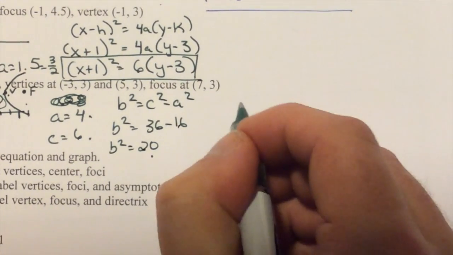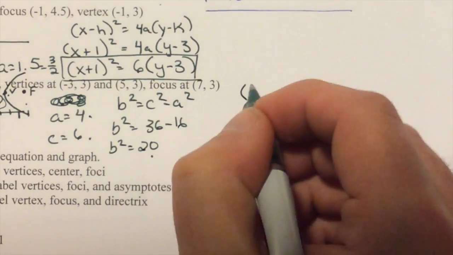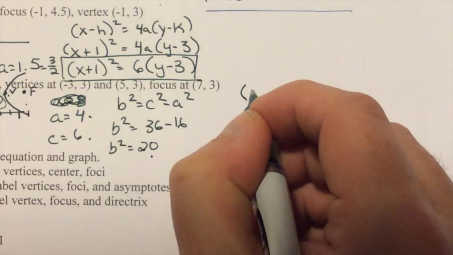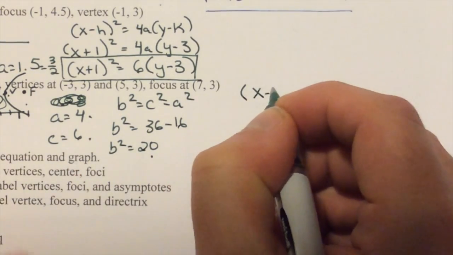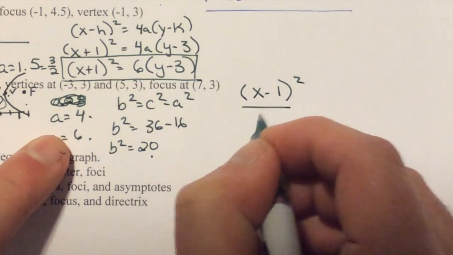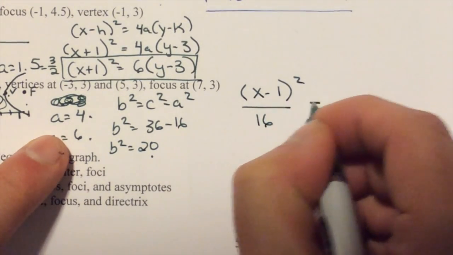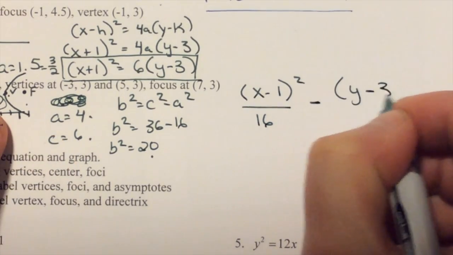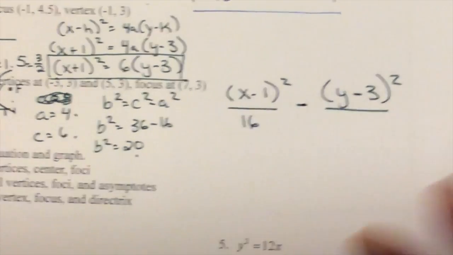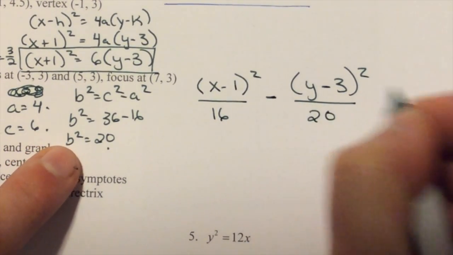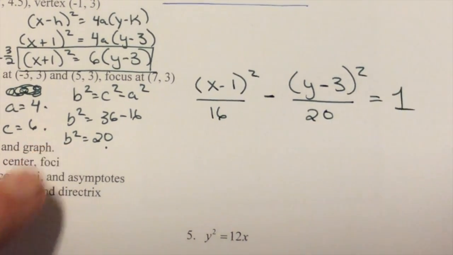So I'm going to write my equation. Since it's sideways, the x goes first. So x minus, where's my center? 1, squared over A squared, which is 16, minus (y − 3) squared over B squared, 20, equals 1.